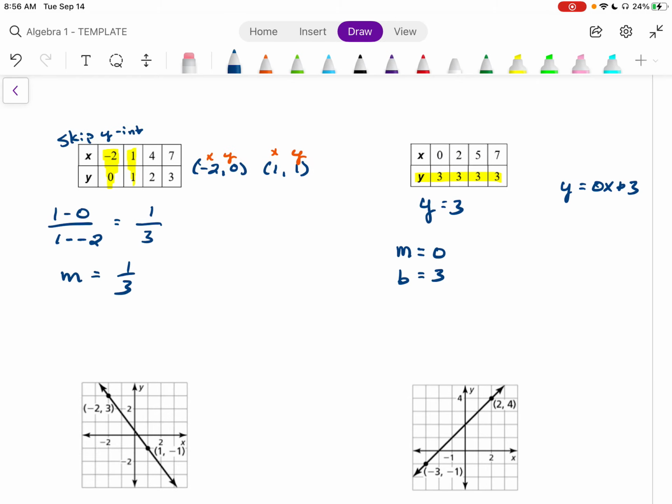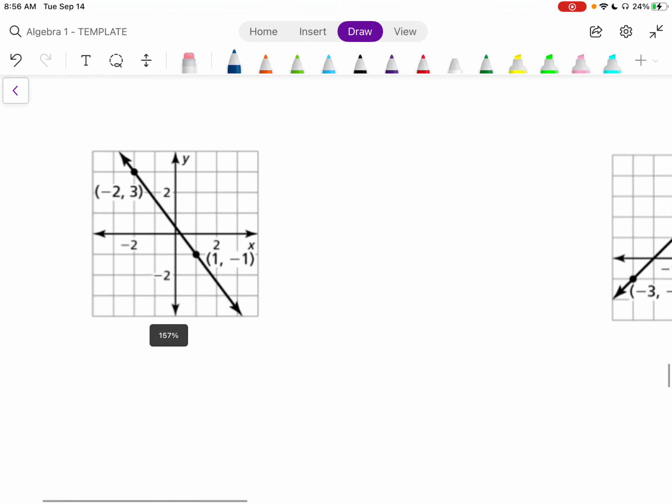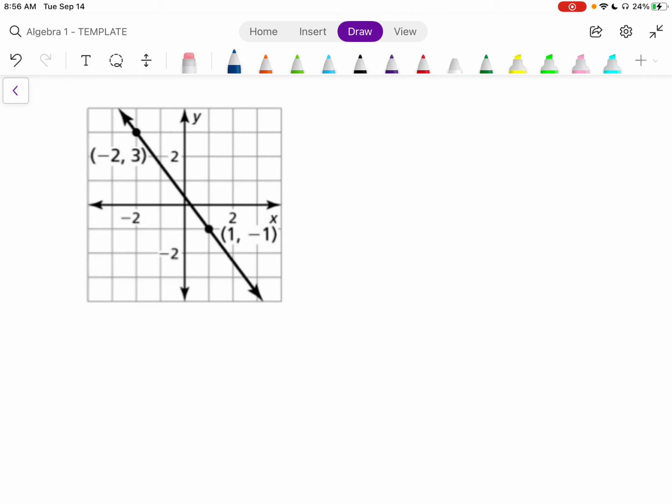All right. Let's scroll down and look at the next one. Our slope. I want to find a point. Here's a good point. And the other point that's listed is a good point. So I'm going to have to find my m using that. I'm going to do rise over run. We know this is a decreasing function, so I'm going to be going down 1, 2, 3, 4.